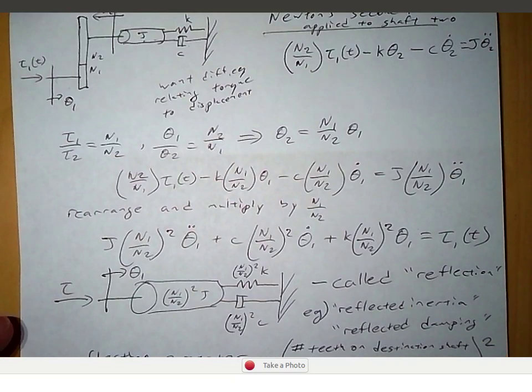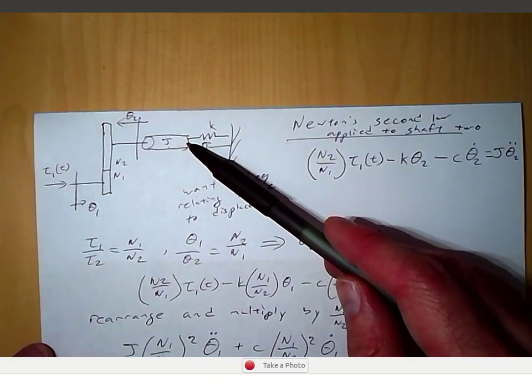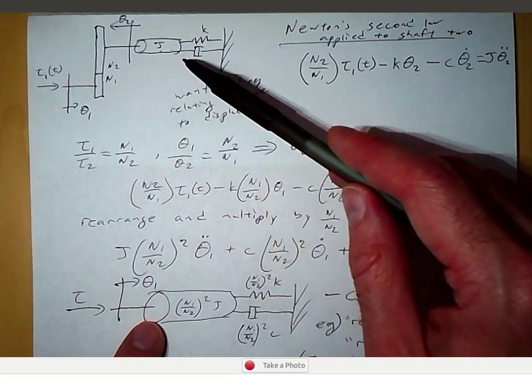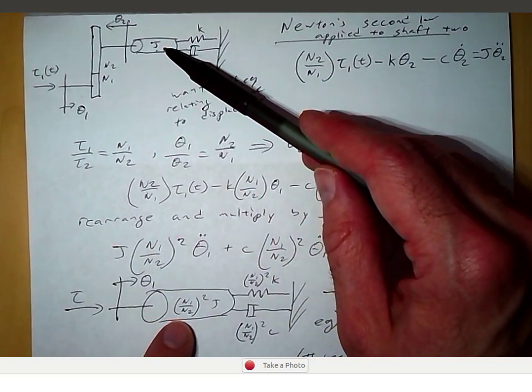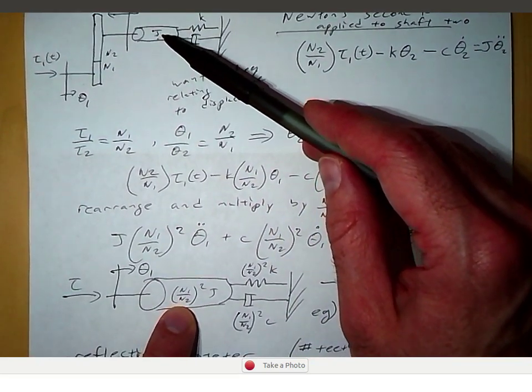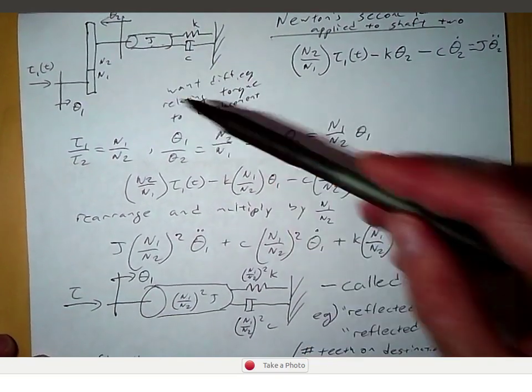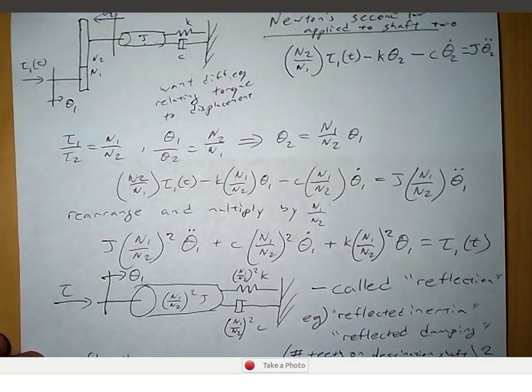So we see here we had a moment of inertia on shaft 2 and we moved it to shaft 1 down here, and that moment of inertia is reflected by the value N1 over N2 squared.